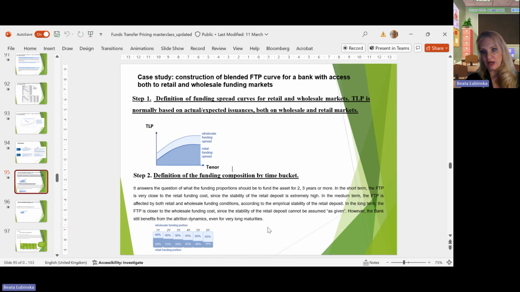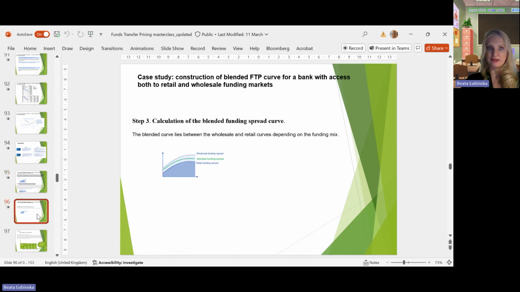So this is the model which is now the most common one, because it reflects the fact that, first of all, banks are not geared towards asset momentum. They are growing cautiously, so they know what kind of asset they are analyzing, what kind of asset they want. They are thinking deeply about funding strategy, and the FTP needs to reflect this more optimized model in terms of balance sheet management.